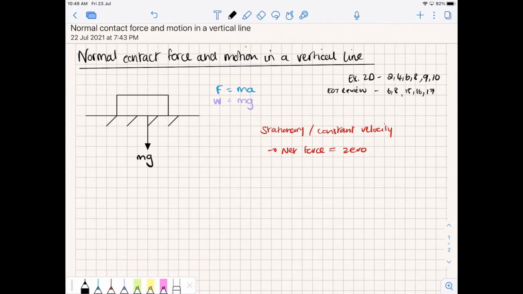And at the moment, we don't have a net force of 0. We only have a downward force due to the weight. So there must be an equal and opposite force acting on this object, right? In the opposite direction, okay? So there must be some force acting in that direction.